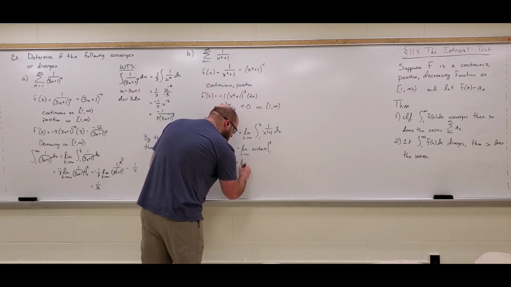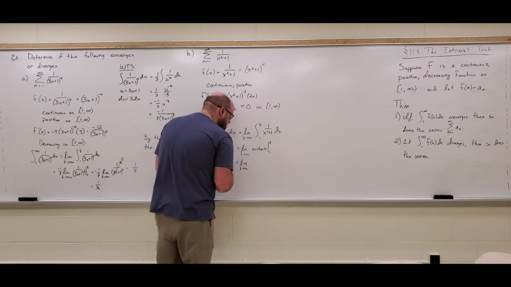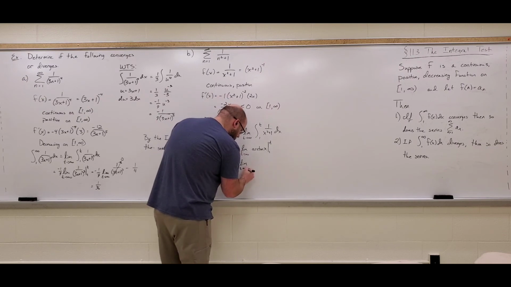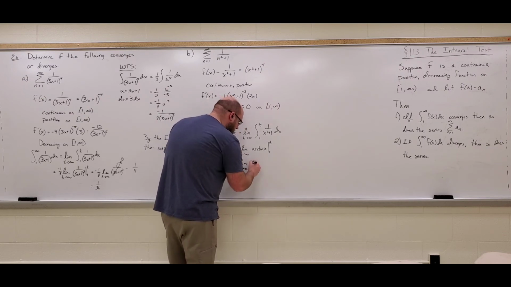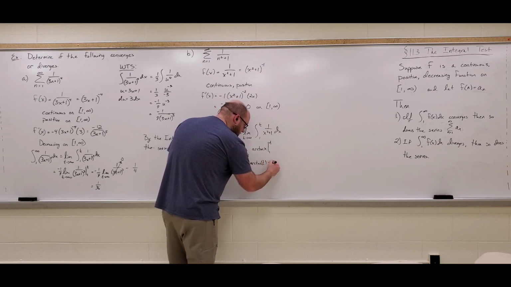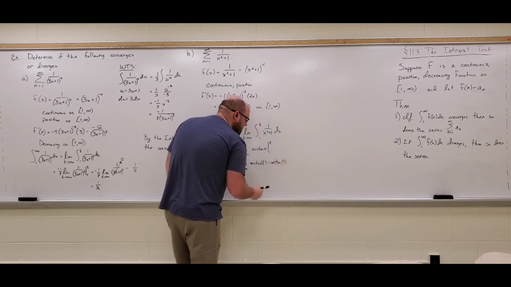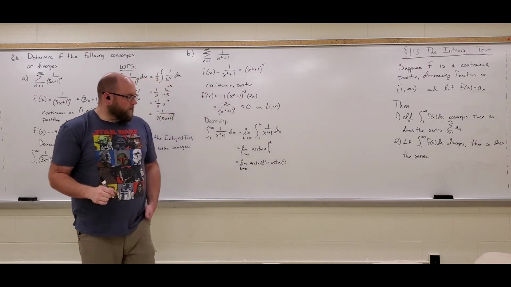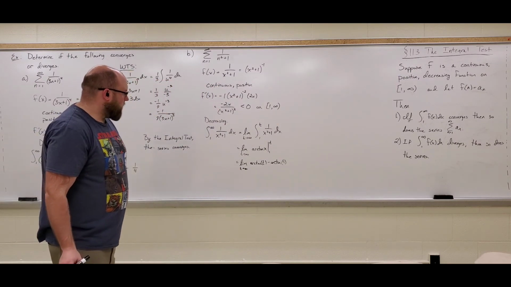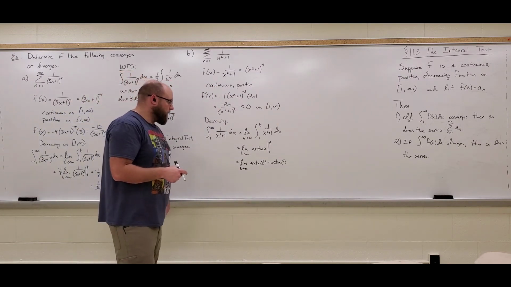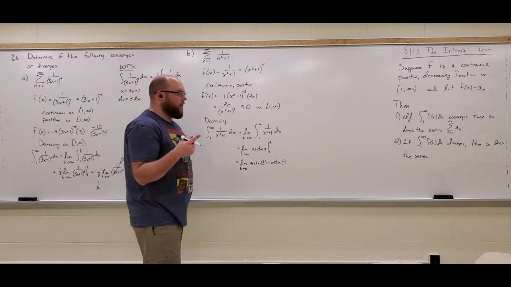Here I'm going to get the limit as t approaches infinity of arctangent of t minus arctangent of 1. Well, arctangent of t, as t approaches infinity, remember what's going on.